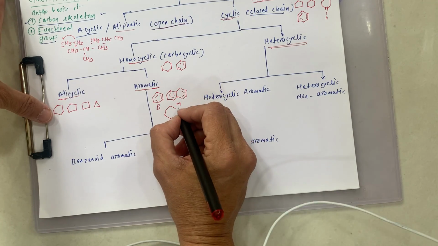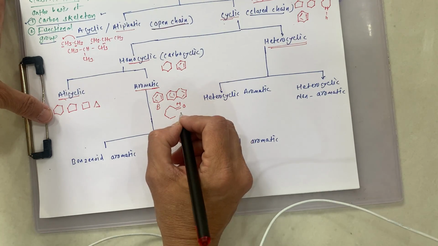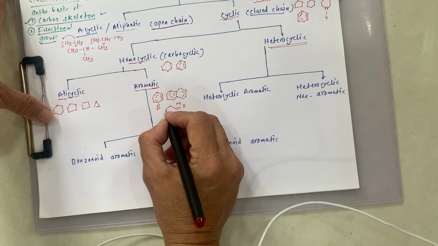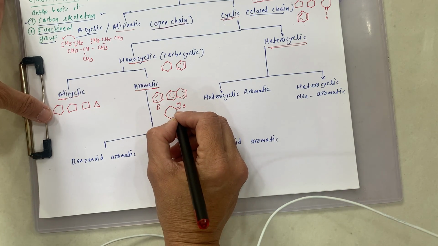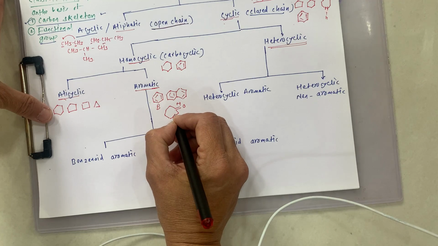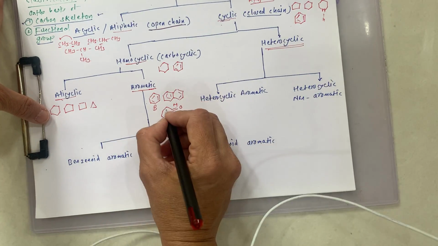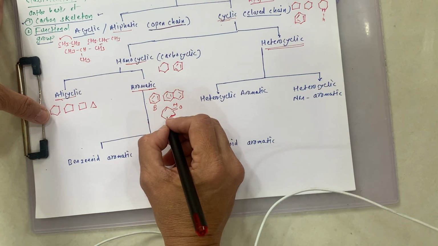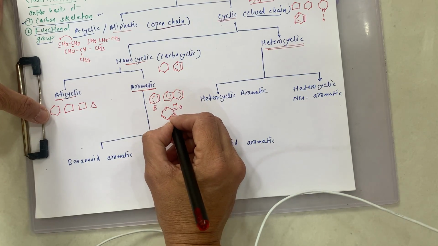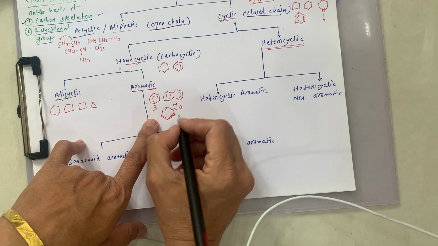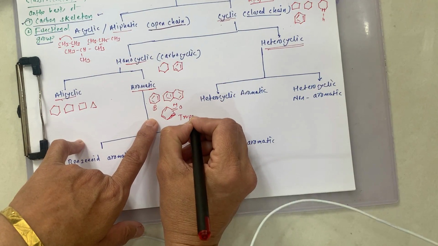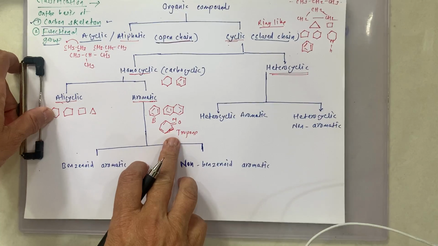Then here suppose a double bond, and then 1 2 3 4 5 6, and here is the 7th ring carbon like this, and there are alternate double bonds in this way. This compound is known as tropone.